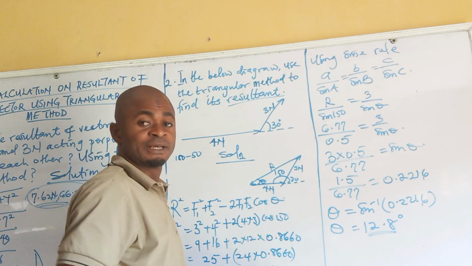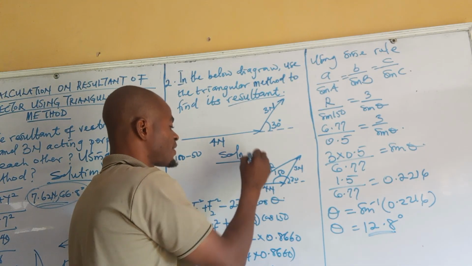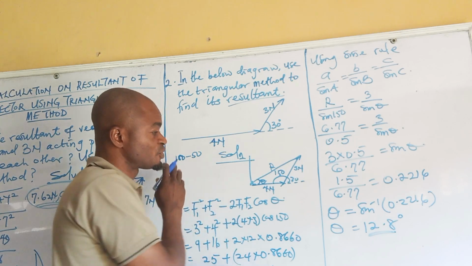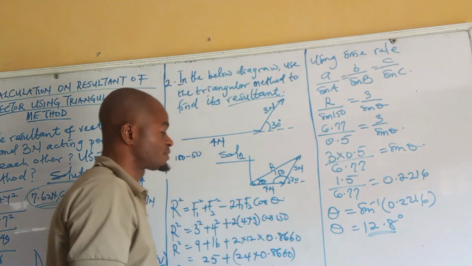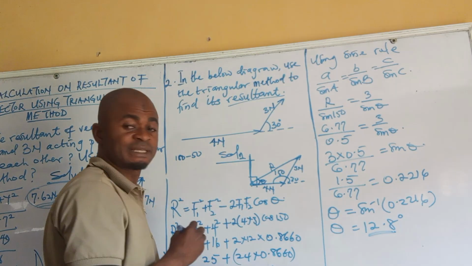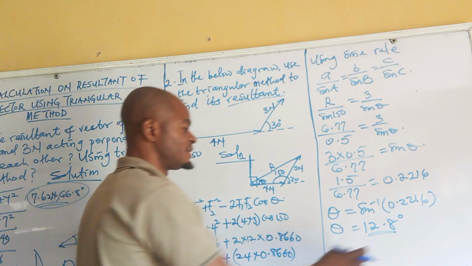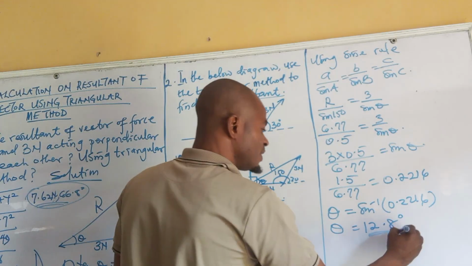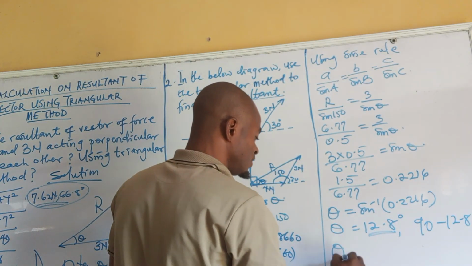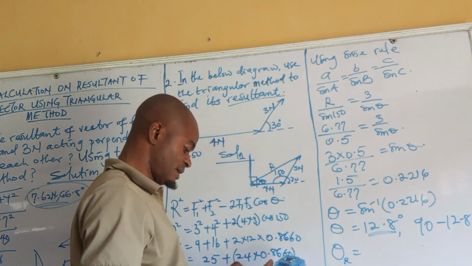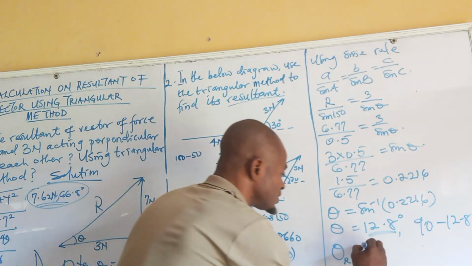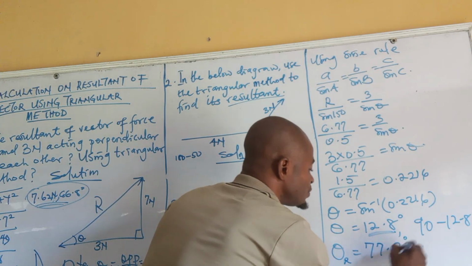Don't forget that we are using the triangle method. If you project this one up, then remember that everything here is going to be 90 degree. Then the real angle will be equal to 90 minus 12.8 to give you the original direction. 90 minus the answer gives us 77.2 degree.